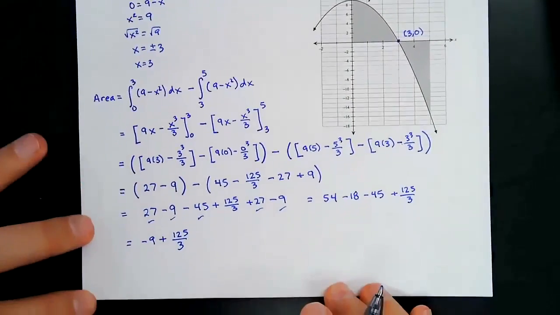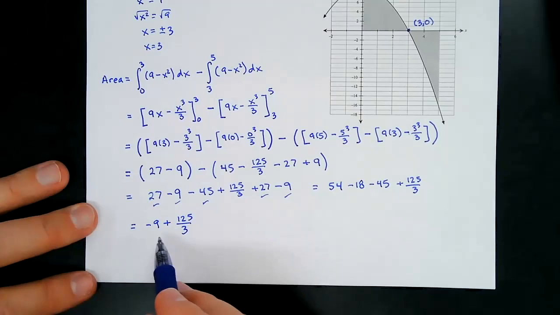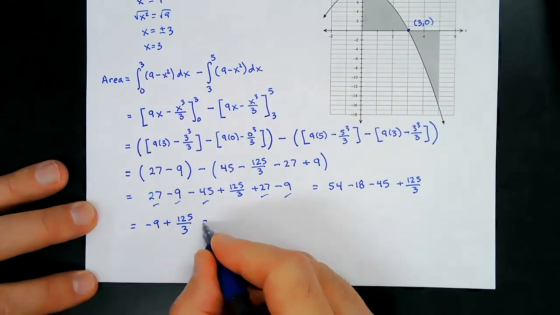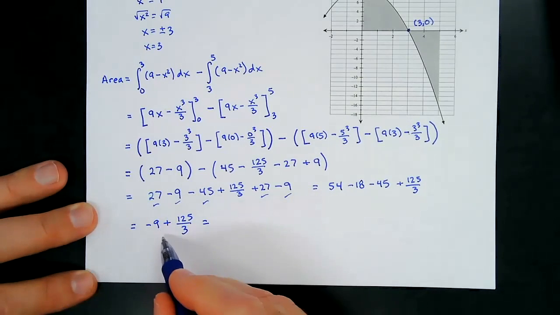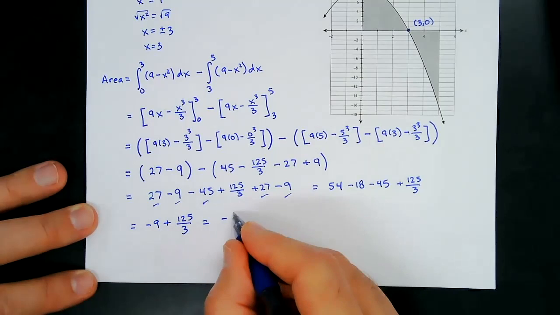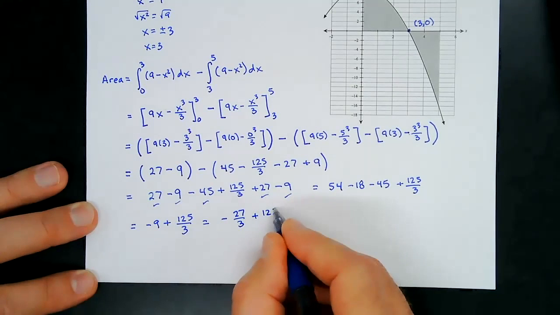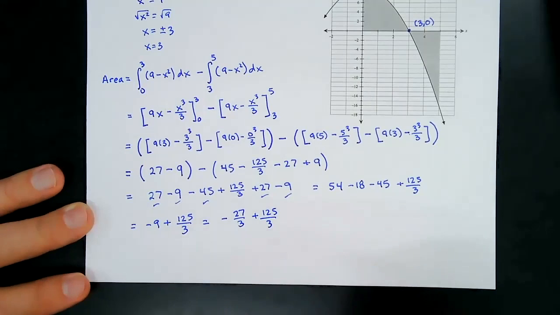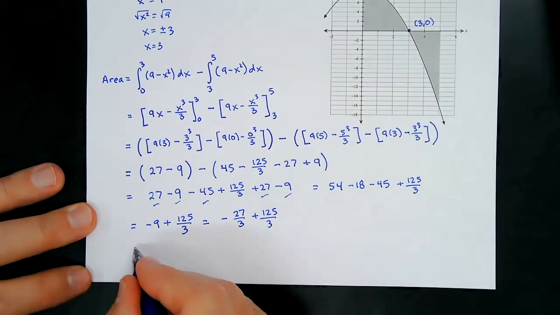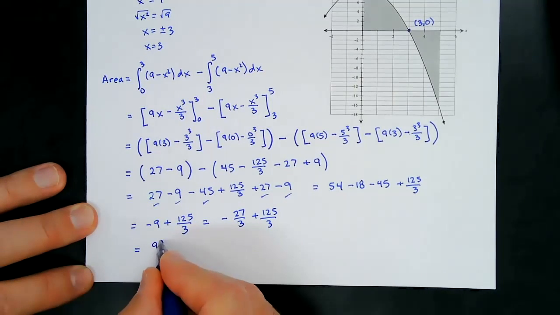And I need to slide it up, I realize. And so we need to get a common denominator. We need to multiply this by 3/3. So this makes negative 27 thirds plus 125 thirds. And then that would give you a value of 98 thirds.